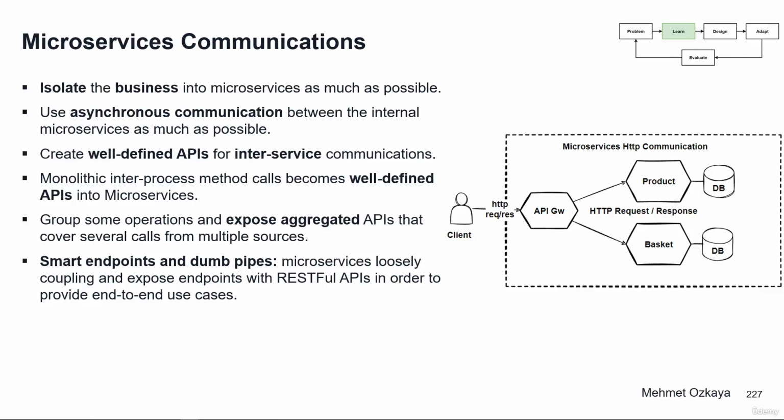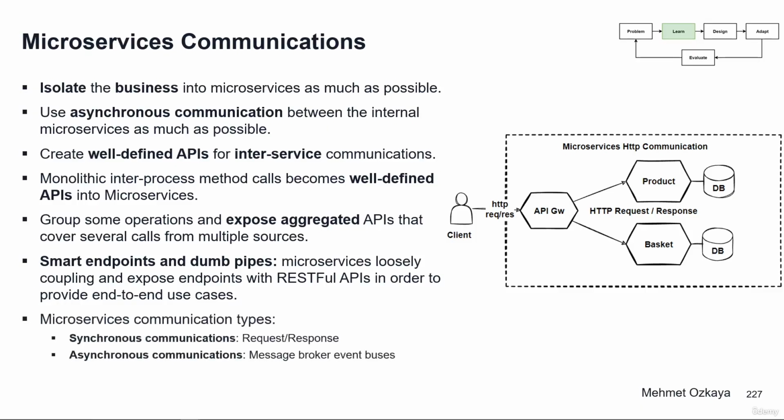According to this characteristic, microservices lose the coupling and expose endpoints with RESTful APIs in order to provide end-to-end use cases. Every microservices decouple their business logic inside, but end-to-end use cases can be done with well-defined APIs between microservices.